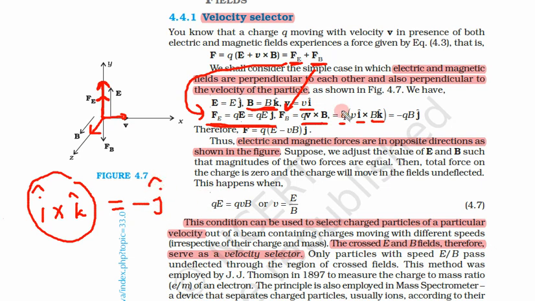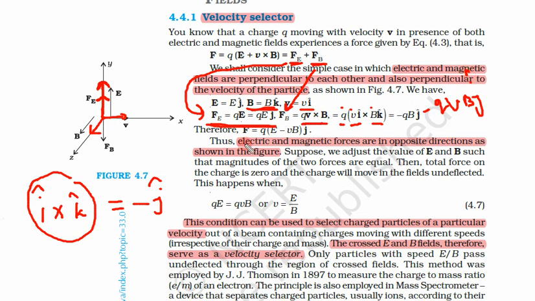So QVi cross Bk will simply be QVB, and the direction is minus j. They have forgotten to write V here. So again, we have QVi cross Bk, which is QVB, and this i cross k is minus j.